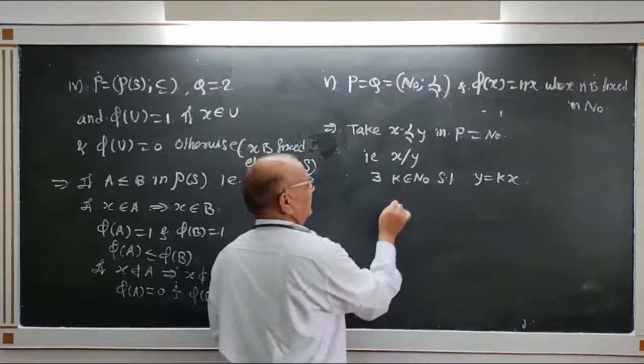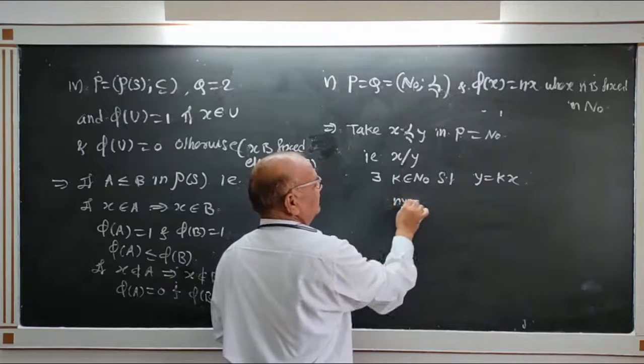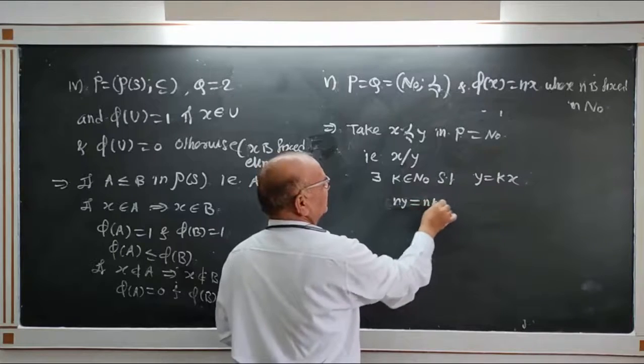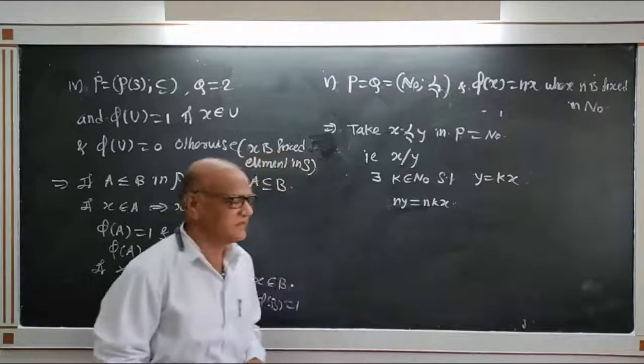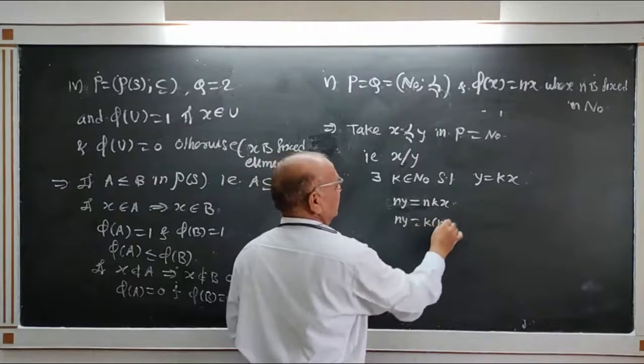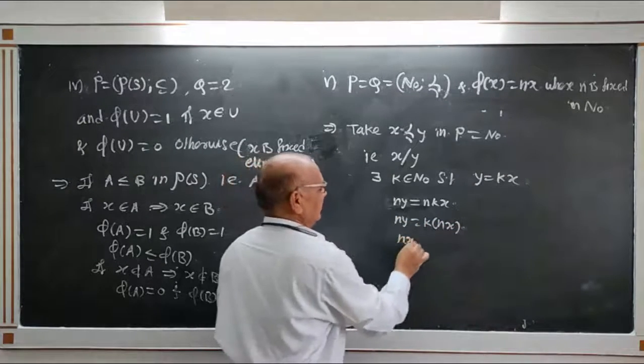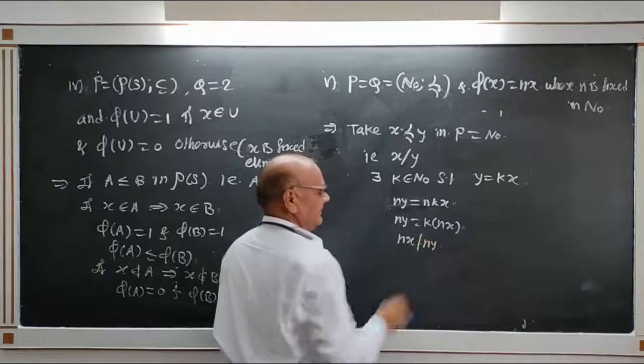Now, Y is equal to Kx, then Ny is equal to Nkx. Multiply both sides. This gives Ny is equal to K times Nx. And clearly, Nx divides Ny.